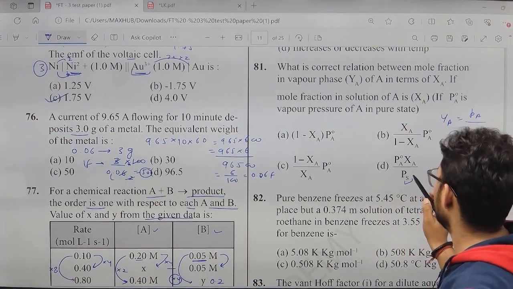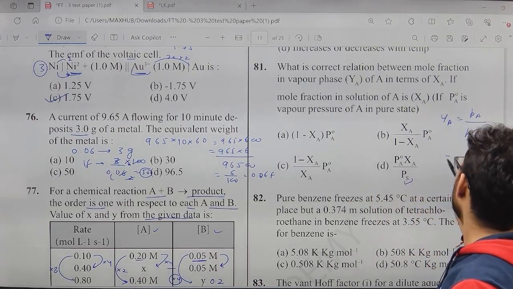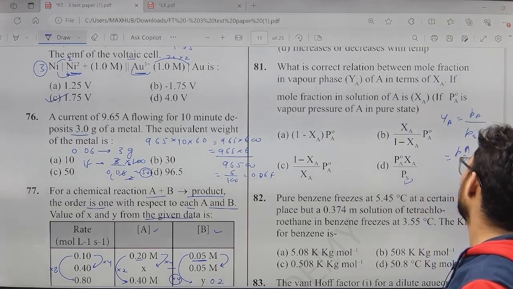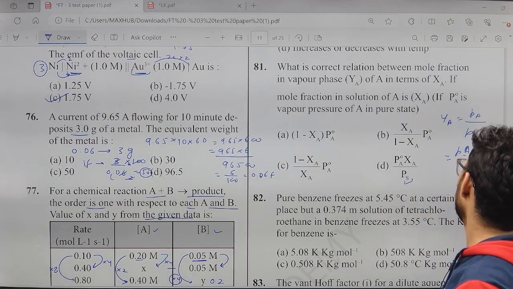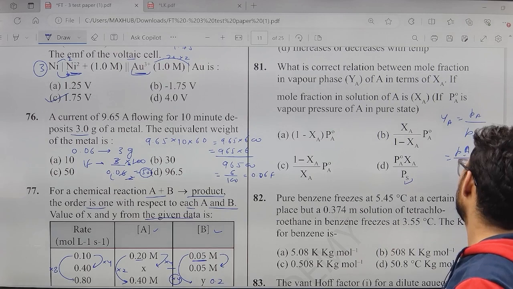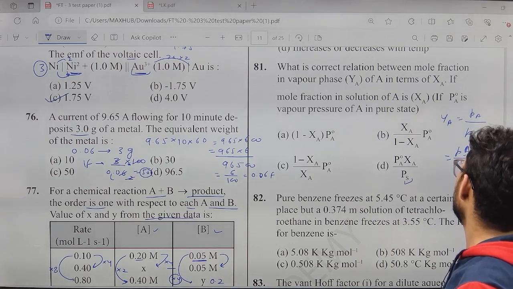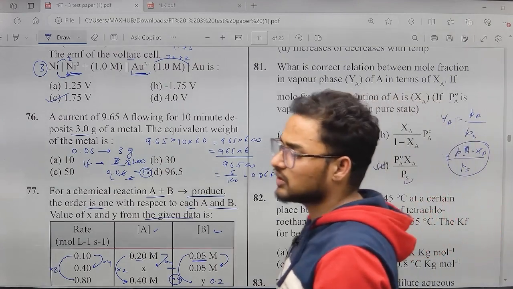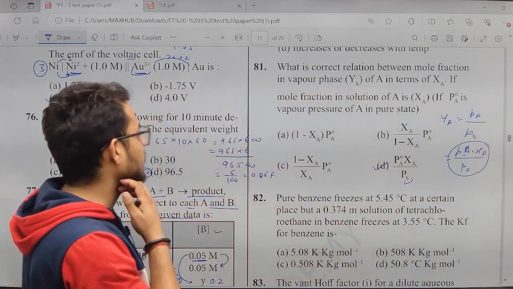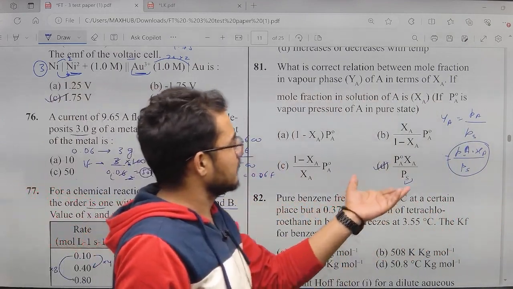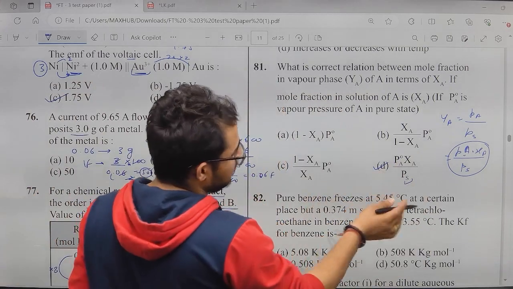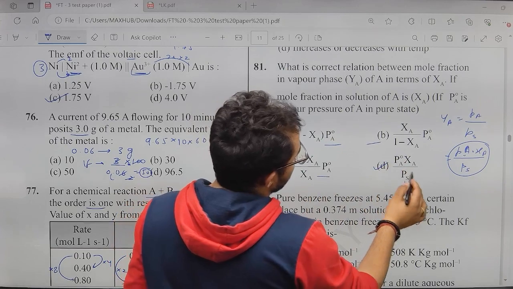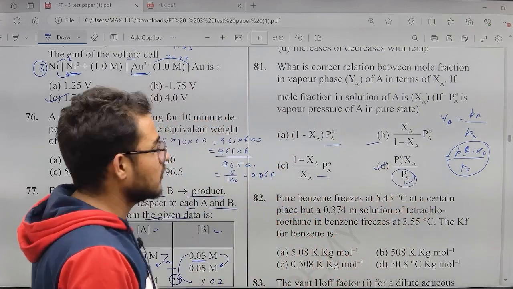Now Pa, we know, is P node A according to Raoult's law into XA, upon P total. So only one option is left, D option. In this question they should also mention what PS is, but it is understood that in any option he will provide the P total. There is no P total, so obviously he is using the PS term for P total.